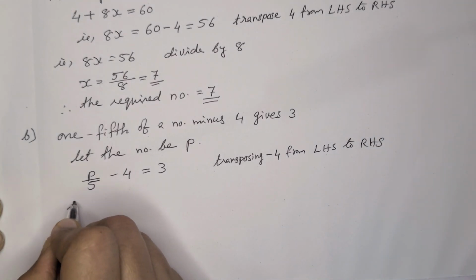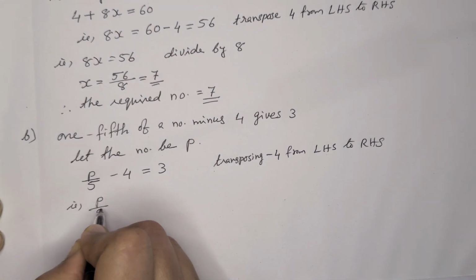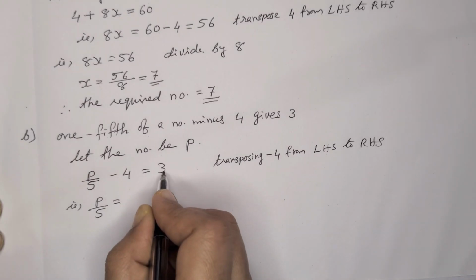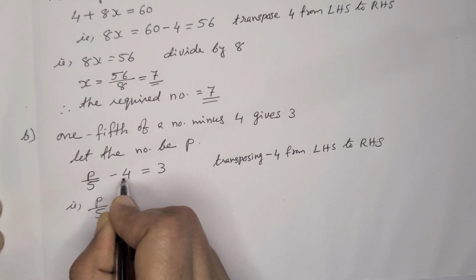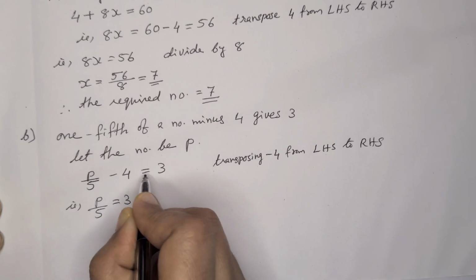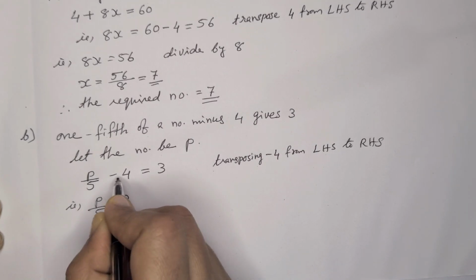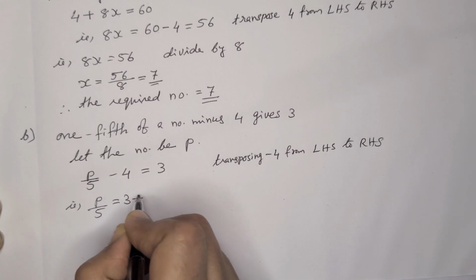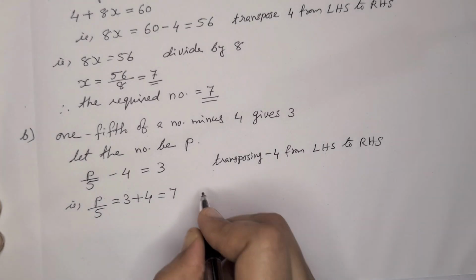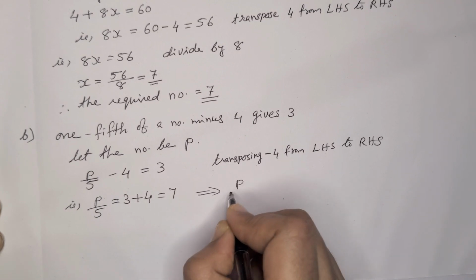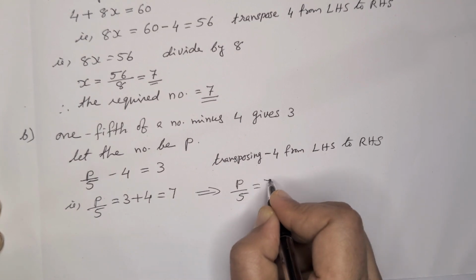So that is P by 5 is equal to, now on the right side 3 is there, and minus 4, when we are moving from left side to right side of the equal to sign, it will change. Minus 4 will become plus 4. 3 plus 4 is equal to 7, which implies P by 5 is equal to 7.